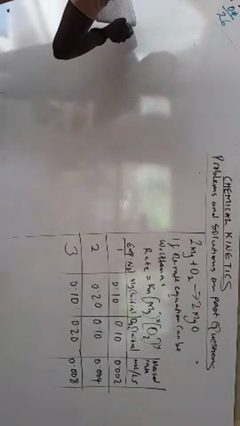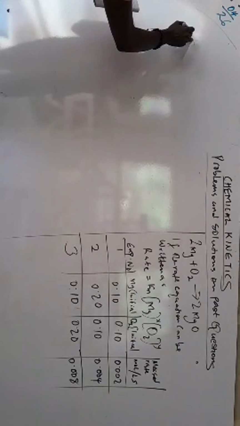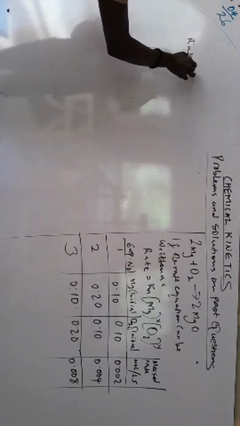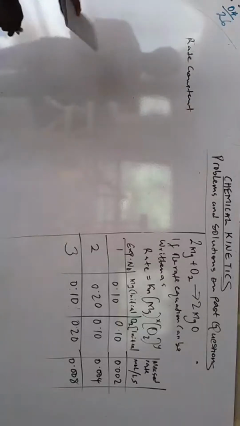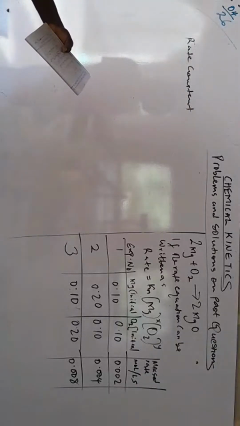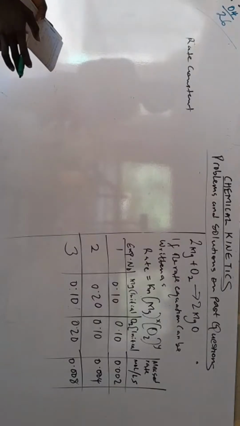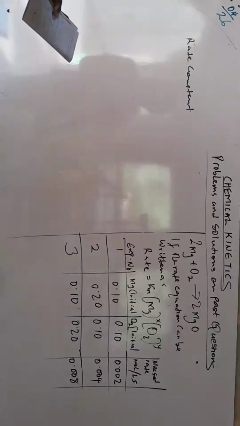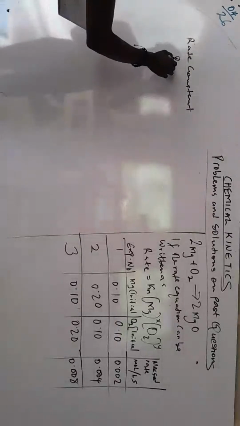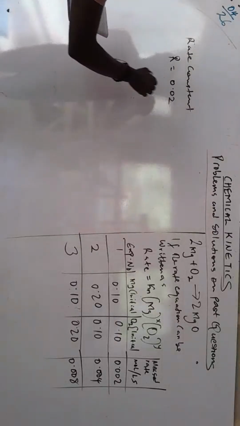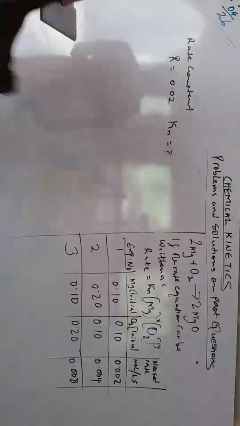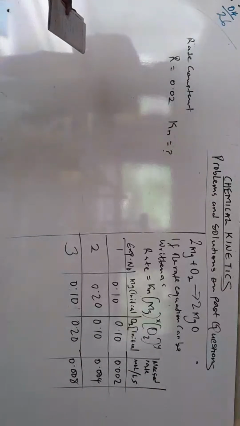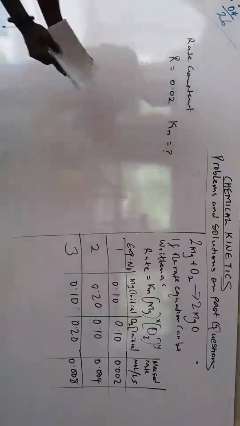Then we are going to be looking for what we call the rate constant. The rate constant from the parameters that we have there, where we have the two of them the same. So we will bring it out there. Our R equals to 0.02. Stick to that. Then our Kn is unknown, which is exactly what we need here right now, which represents our rate constant.